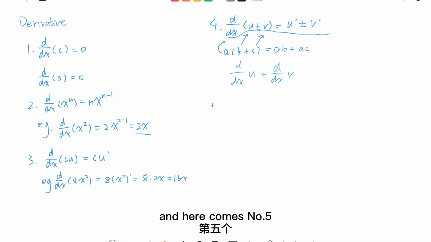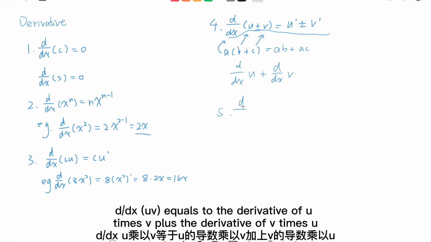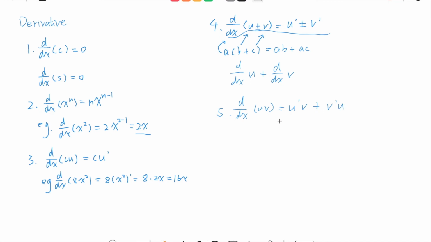And here comes number 5. d/dx of u times v equals the derivative of u times v plus the derivative of v times u.